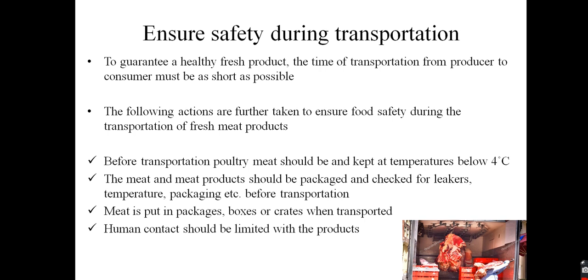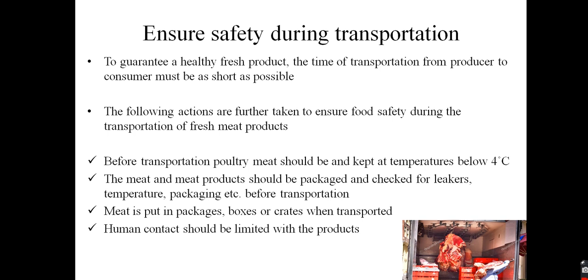To avoid any type of contamination, there are actions that must be taken to ensure food safety during the transportation of fresh meat products. For transportation, poultry meat should not be kept at a temperature above 4.